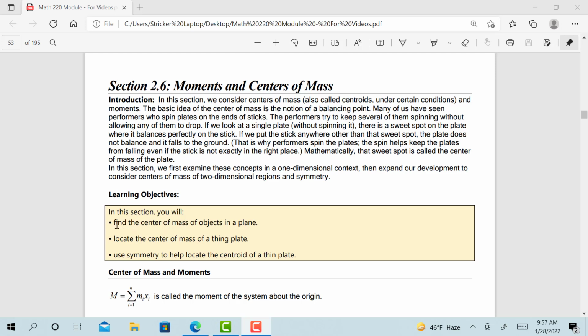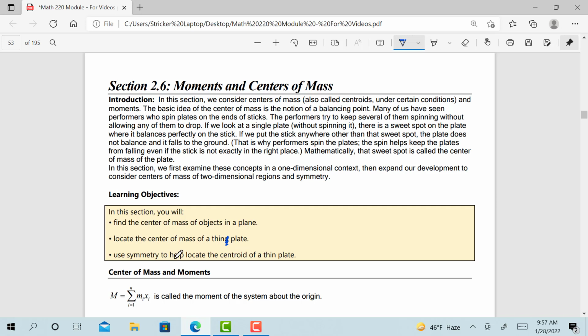If we look at the learning objectives for this video, the first thing we're going to learn how to do is find the center of mass of different objects in a plane. We're also going to talk about how to locate the center of mass of a thin plate. That's a typo there. That should say thin. And then the last thing we're going to talk about is using symmetry to help us locate the centroid in a thin plate.